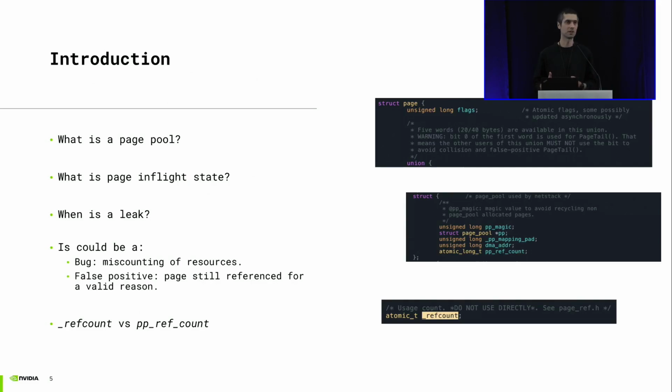So it's just data that is not consumed and is out there in the system. We're trying to get some information on whether it's a bug or a false positive.